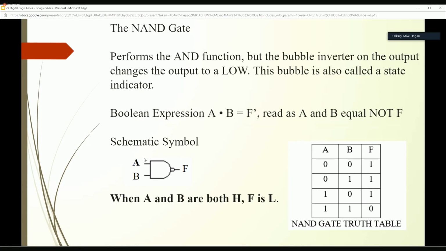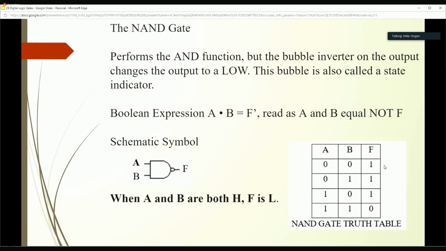And so before, when we had an AND gate, the only time I would get a 1 out is if I had 1 on A and B, right? Had to have both inputs high to get a high out. Here, if I had both inputs high, I would expect a high out, but it's going to be inverted for a NAND gate, and so I'm going to get a low out.